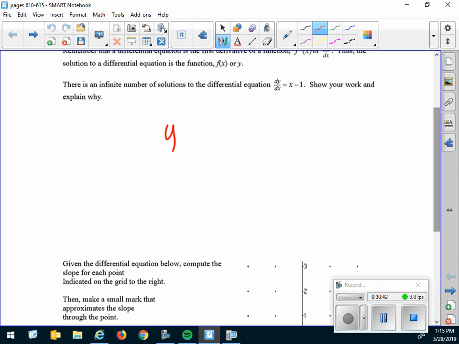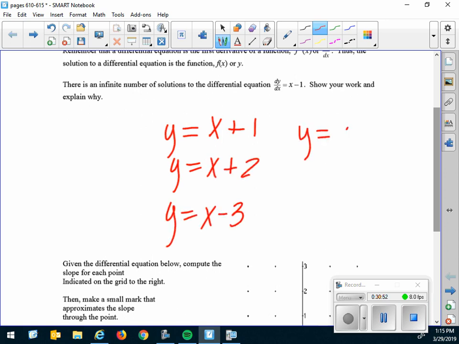If I ask you to graph, what's true about all those? Same slope, meaning they are parallel.